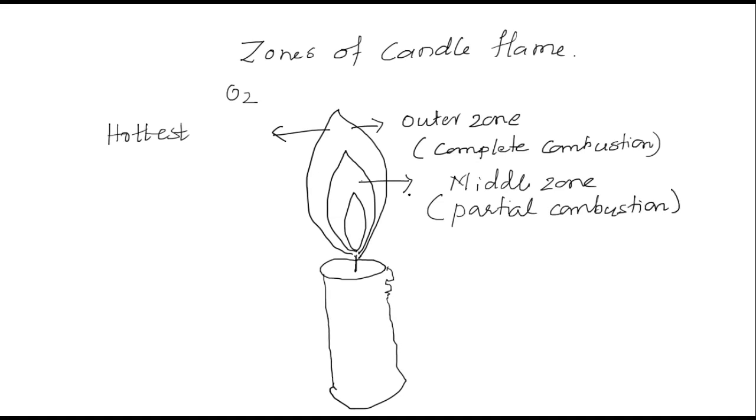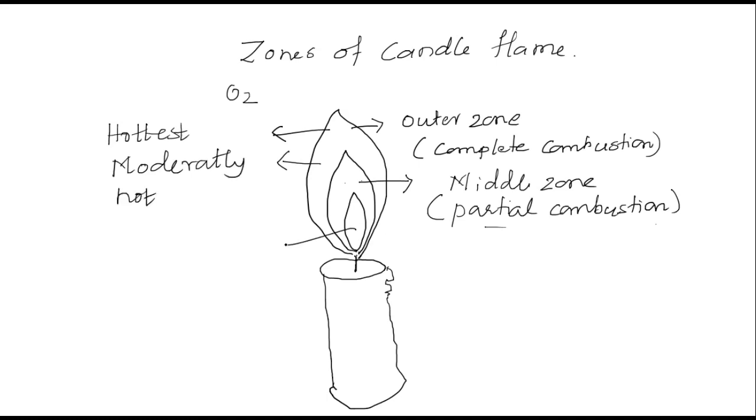Partial combustion means more oxygen is not available here, so whatever substance is there is not completely burnt in this zone. Therefore it is partial combustion. And it's not so hot and not so cold, so we can refer to it as moderately hot.